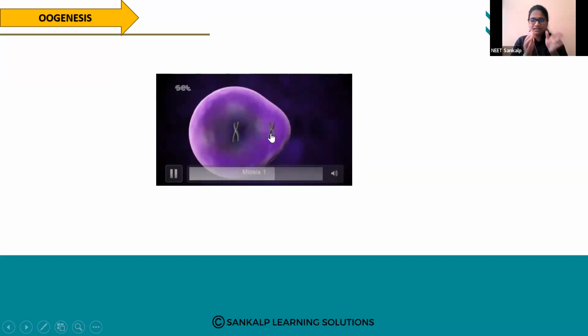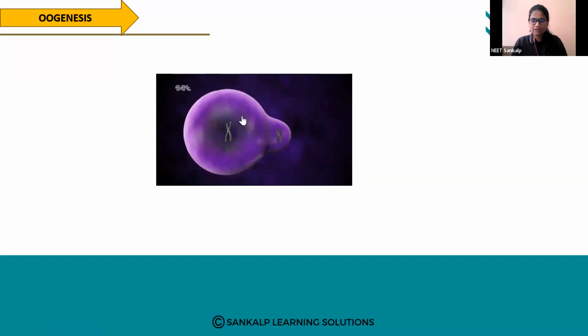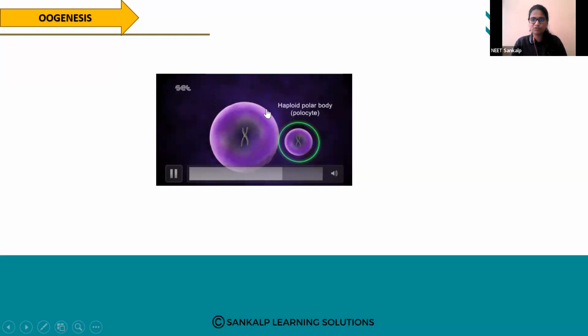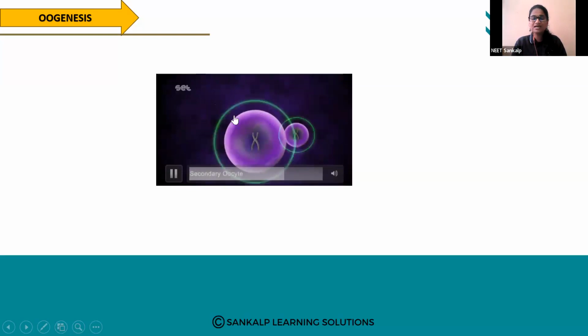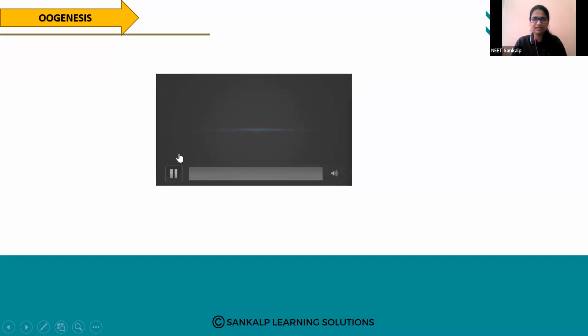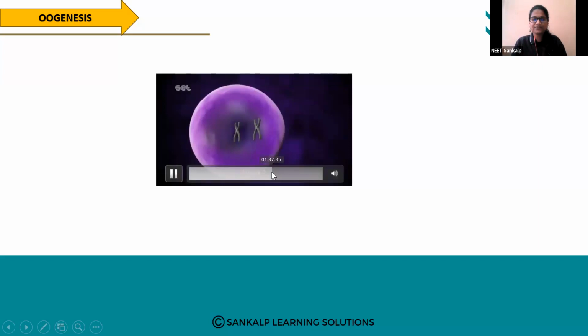Here you can see the chromosomes are separating, right? So meiosis 1 occurred. So a haploid polar body, the first polar body, is formed. And what is this form? This is a secondary oocyte. The secondary oocyte will undergo meiosis 2 when it comes to adult maturity. When a girl matures, it will undergo meiosis 2. Here you can see that. Okay, just a minute. Yes, meiosis 1.